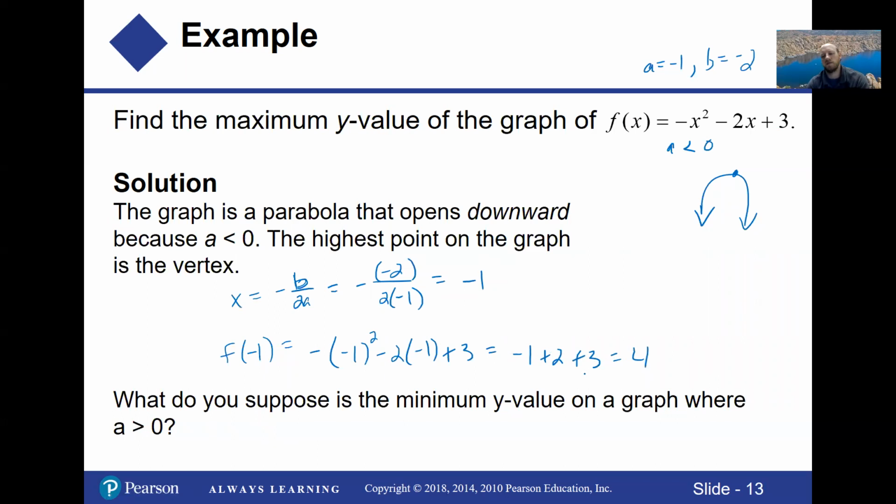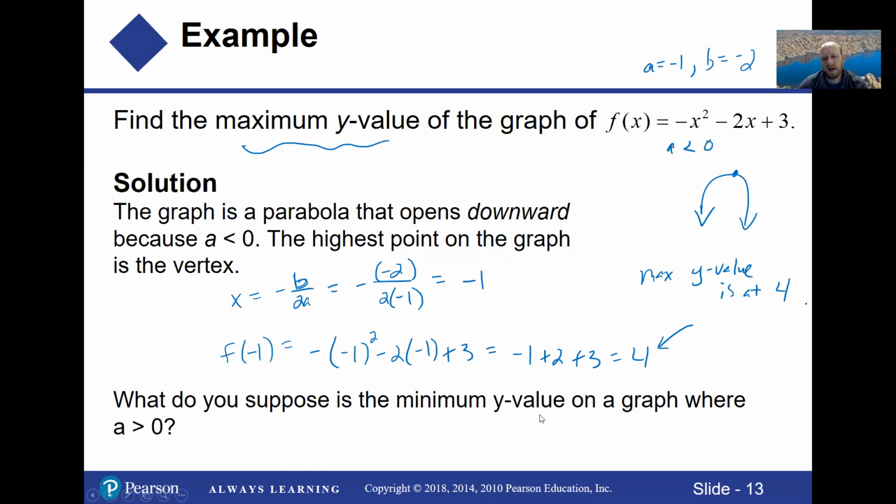So -1 + 2 + 3 is 4. What does that mean? The maximum y value is right here. Max y value is at 4.